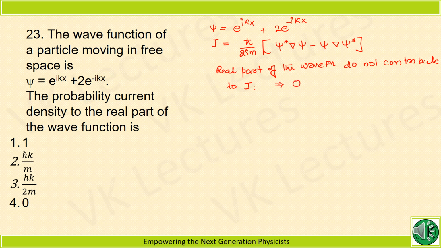But let us find out what the current density is for this wave function. This wave function has an imaginary part, so for the imaginary part, what is the current density?